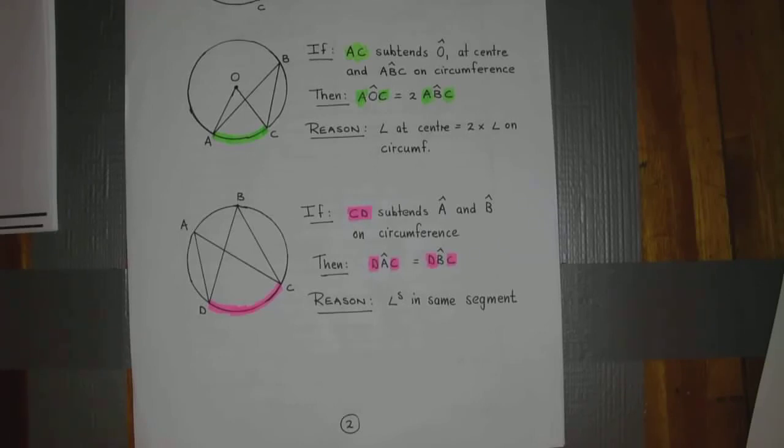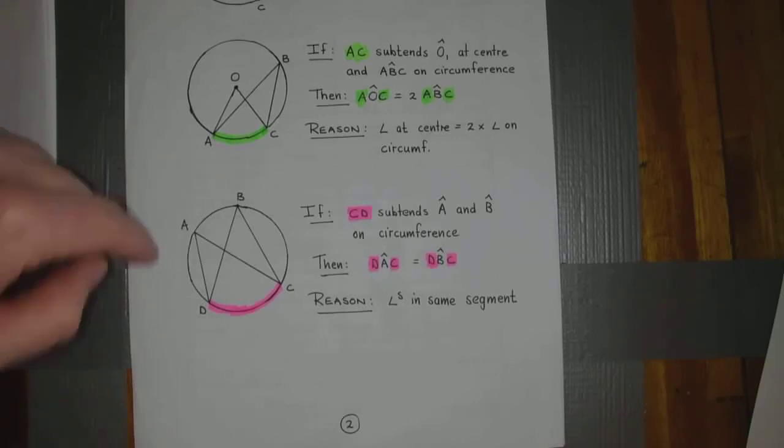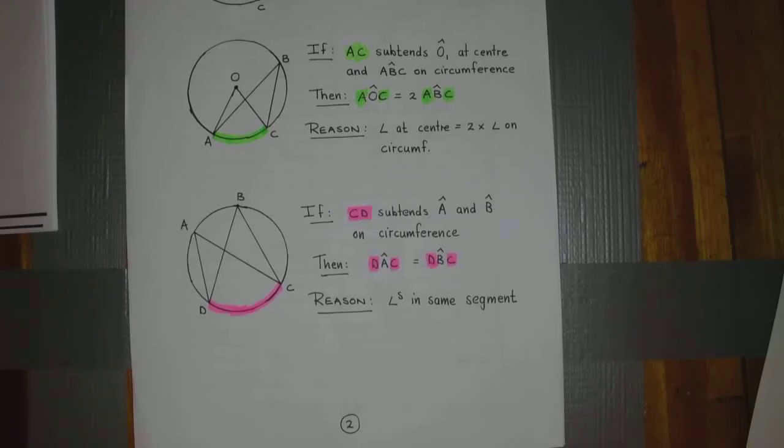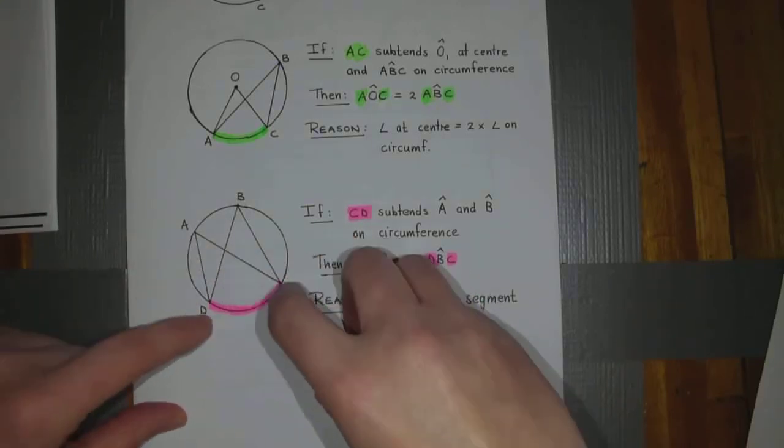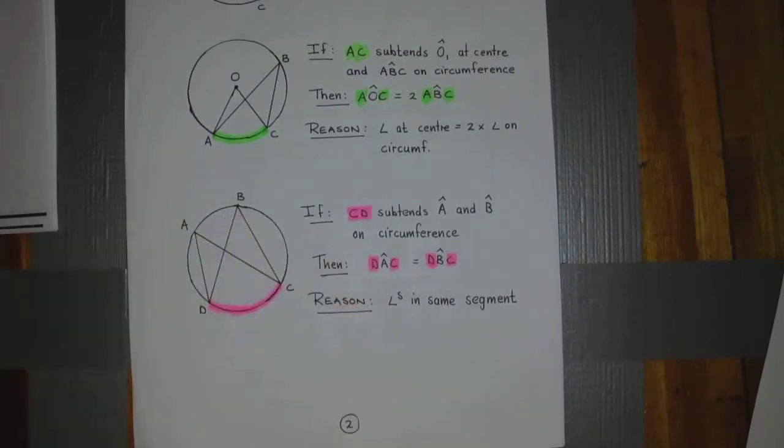All right, then, next one is just an extension of the previous one, meaning if I again have an arc or a chord that subtends two angles, but now both of those angles are on the circumference, then those angles are all equal. But be careful, people, because a lot of people seem to misunderstand. The arc needs to subtend both angles on the circumference, but on the same side, or in the same segment, I should rather say.